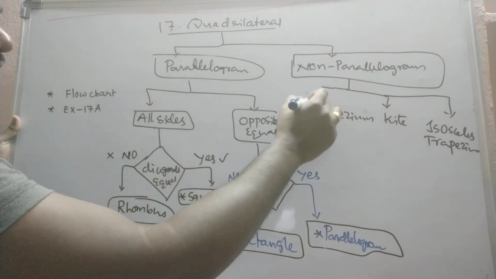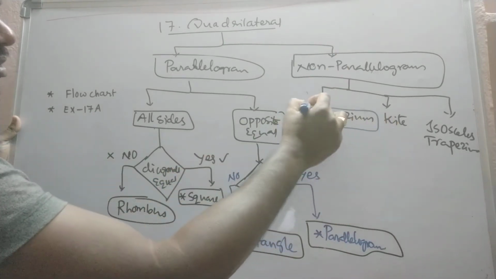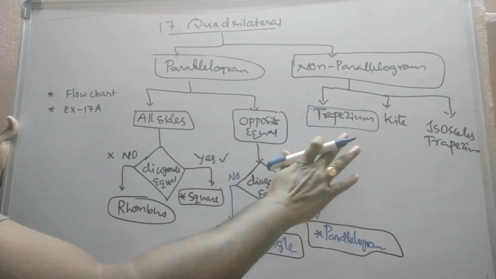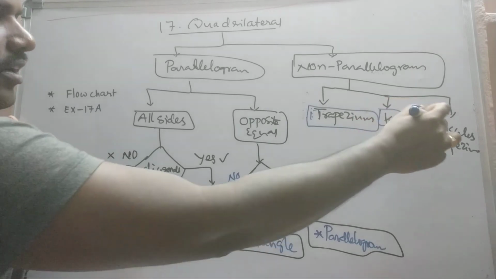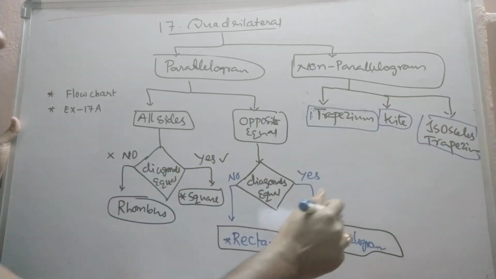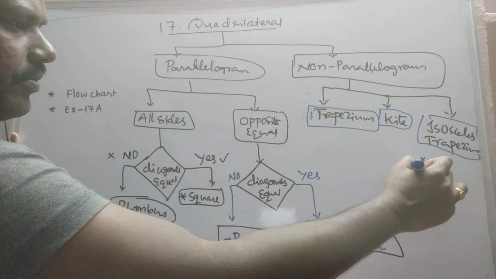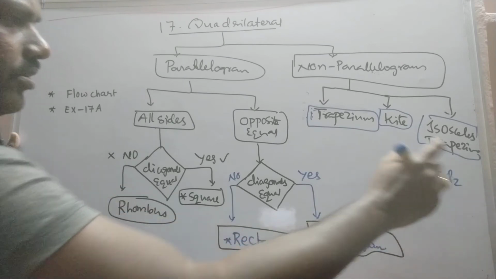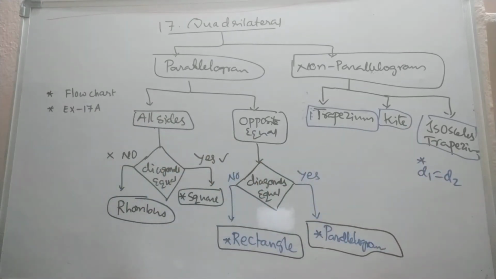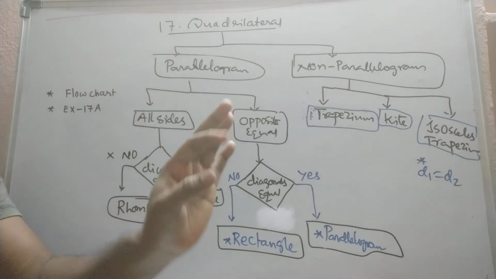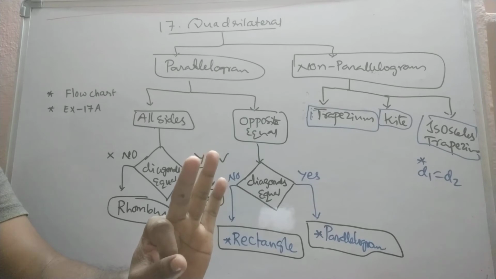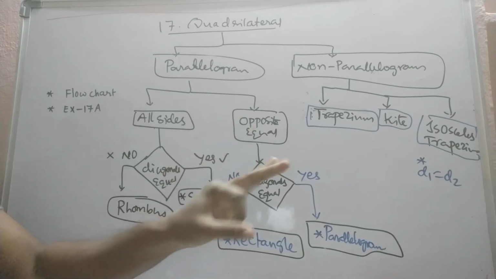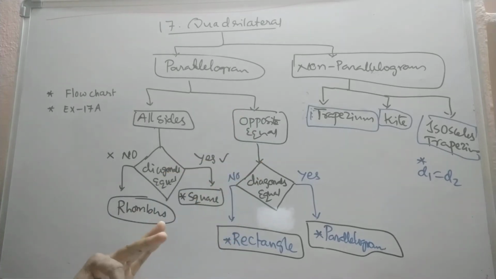The next type is non-parallelograms, which are not parallelograms. The first figure is the trapezium, the second is the kite, and the third quadrilateral is the isosceles trapezium. Remember, in an isosceles trapezium, the diagonals are equal, d1 is equal to d2. In this flow chart, in the square, rectangle and isosceles trapezium, the diagonals are equal. Remember that important point.